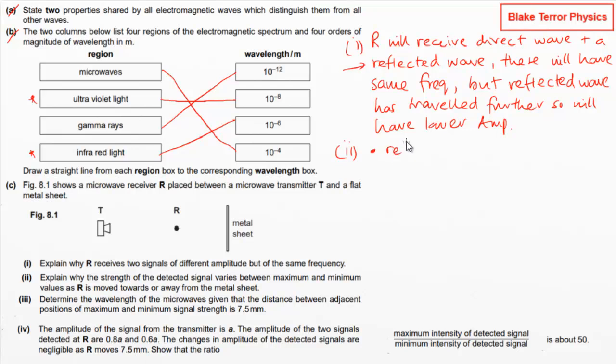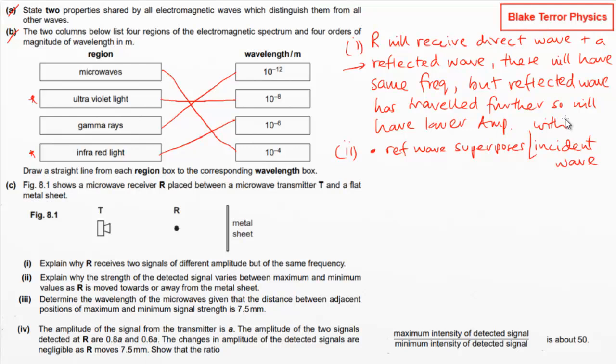So we can say that the reflected wave superposes with the incident wave. This is the usual part 2 of our description.